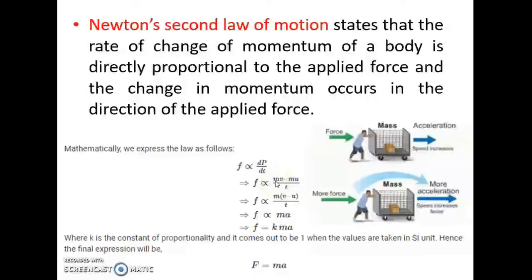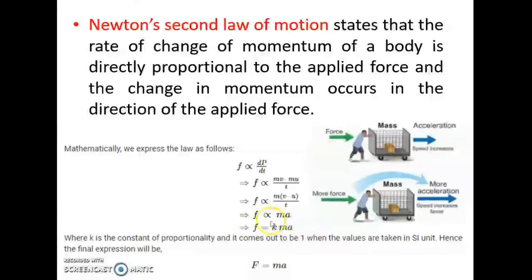m is the notation for mass. So if I simplify this further, we can take m common and you will get m into (v minus u) divided by t. Now v minus u is nothing but change in velocity. And what is change in velocity upon time? Change in velocity upon time is nothing but acceleration.